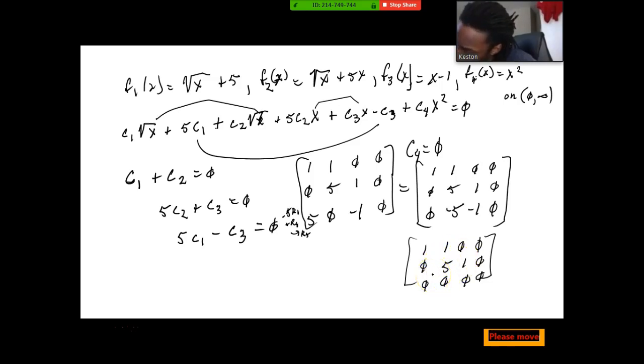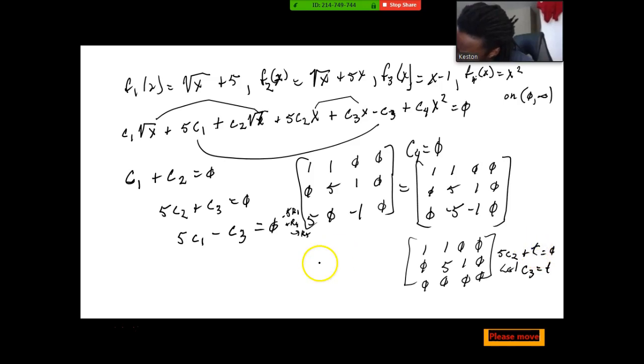This is one of those equations where C3, which is what that stands for, is an arbitrary parameter. Let's call it T. Let C3 equal T. Okay? Then the second row tells us that 5C2 plus T is equal to 0.